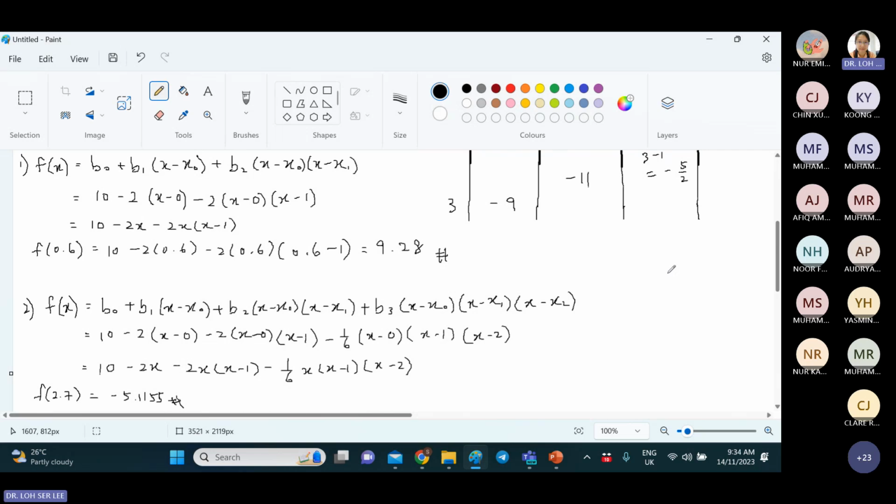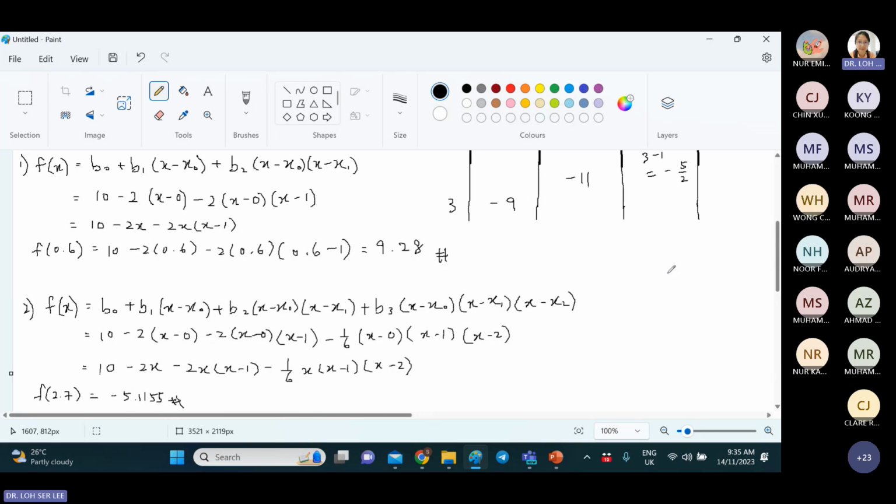Any questions? We have done Newton's interpolation. Any questions? No, madam, all clear. If we use the other method, will we get about the same answer?